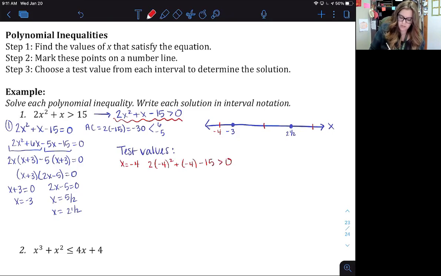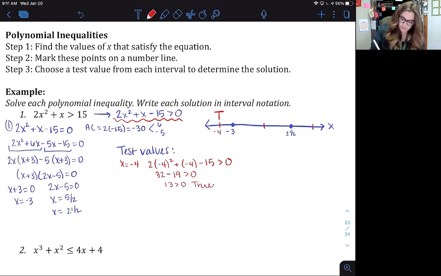Well, negative 4 squared is 16, times 2 is 32. And then negative 4 minus 15 is negative 19. If we combine those, we get 13 is greater than 0, which is true. So I'm going to come up here and put a T for true.